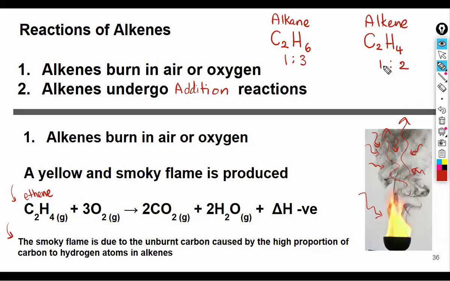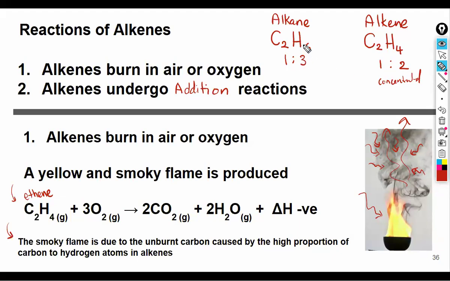You notice for every 2 hydrogens, you have 1 carbon. But for alkanes, for every 3 hydrogens, you only have 1 carbon. And over here, the amount of carbon is more concentrated. You have more carbon per hydrogen. It's like for every 2 hydrogens that come to a party, it invites 1 carbon.